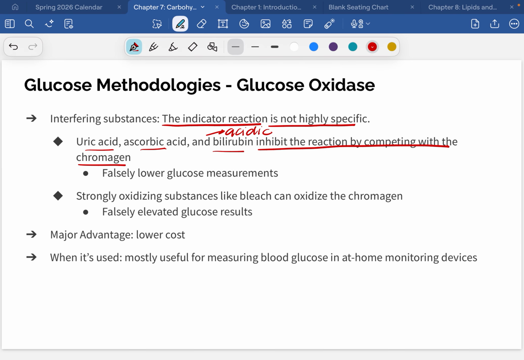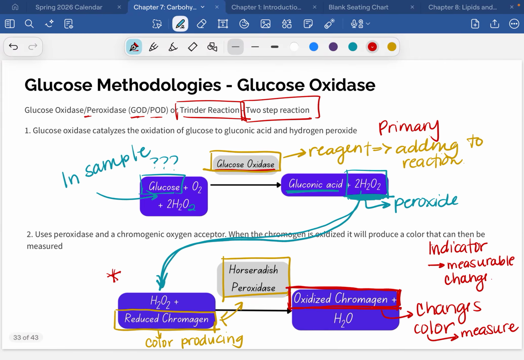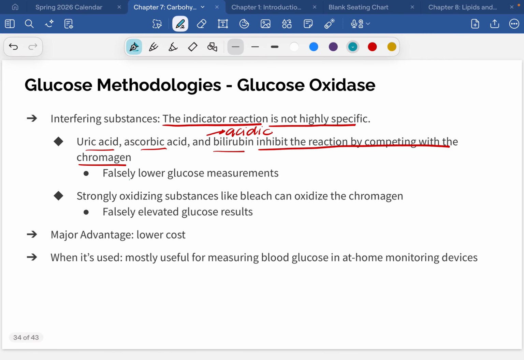So they kind of bind up those hydrogen peroxides. They steal the hydrogen peroxides away. And because those hydrogen peroxides are being stolen away from that indicator reaction, if we're losing peroxides before they can get to this reaction down here, the glucose measurements will be falsely lowered.